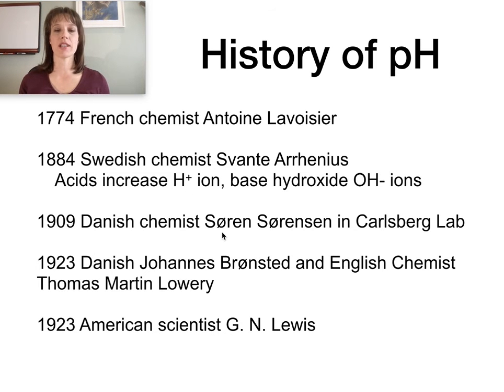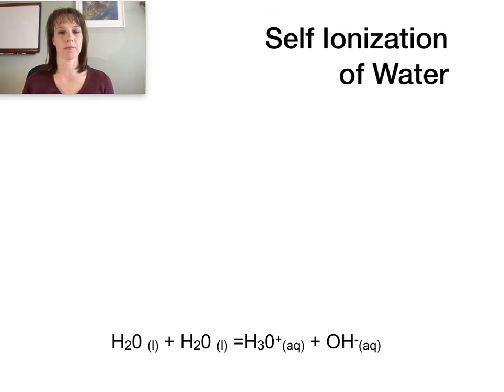In 1909, Soren Sorensen was the first to label a solution in the lab with the actual letters pH. And then in 1923, the Bronsted-Lowry definition came along. That's about proton transfer. And in 1923, the American chemist Lewis was talking about electron transfer and covalent bonding.